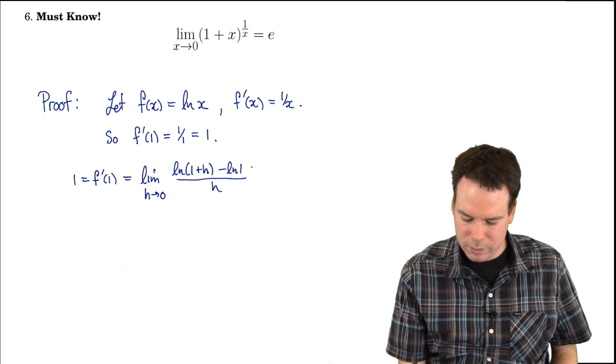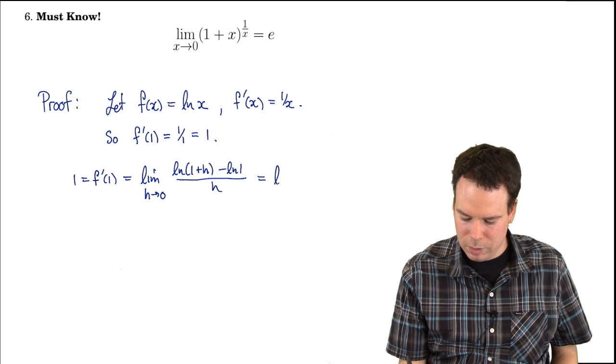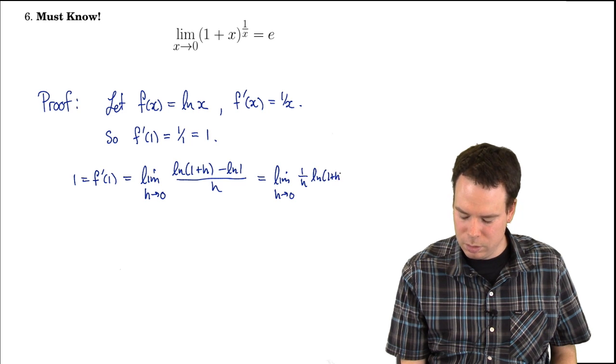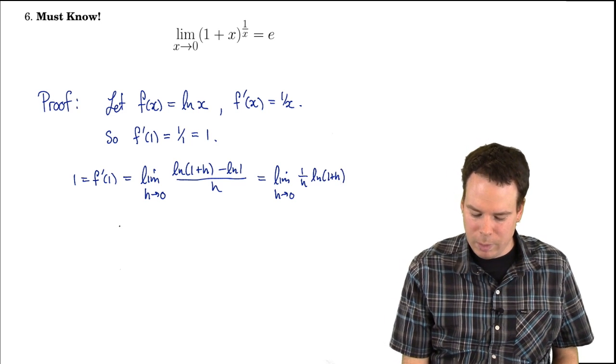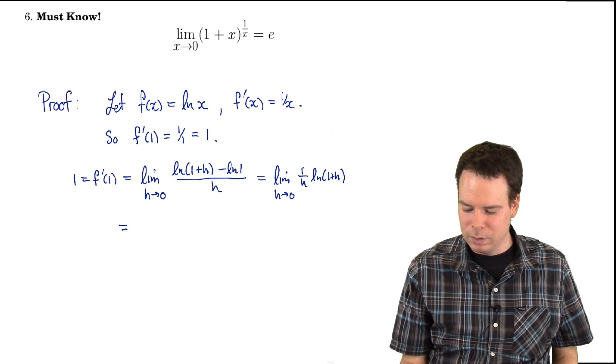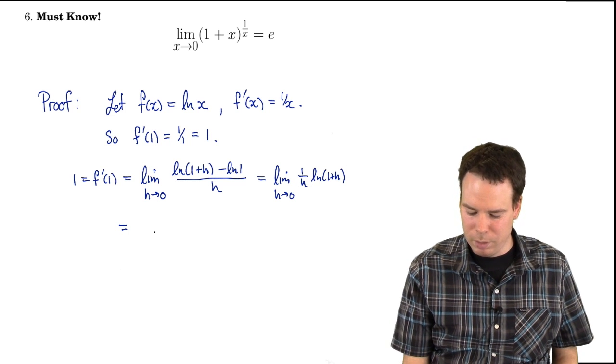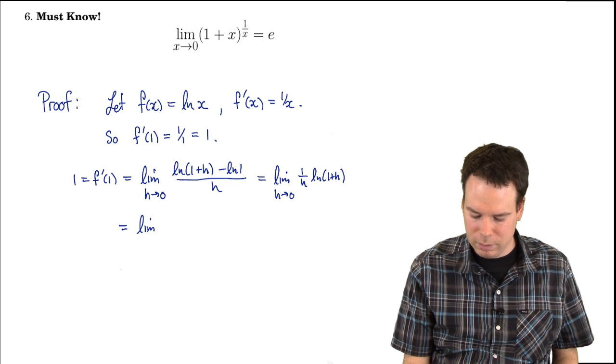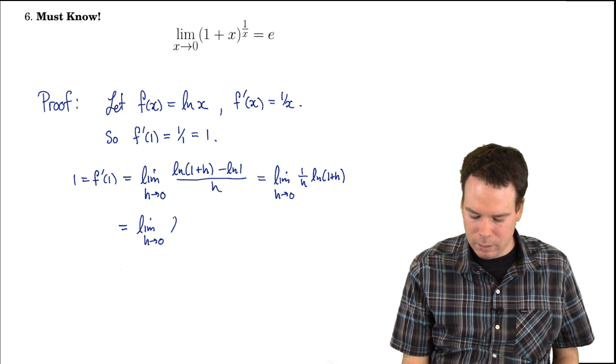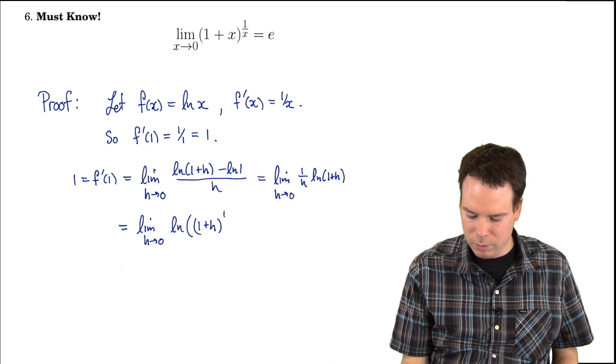But the natural log of 1 is 0, so this is just the limit as h goes to 0 of (1/h) ln(1 + h). But remember we have this nice property of logarithms: if I have a constant out front, I can always put it up as an exponent. So this is the limit as h goes to 0 of the natural log of (1 + h) to the power of 1 over h.